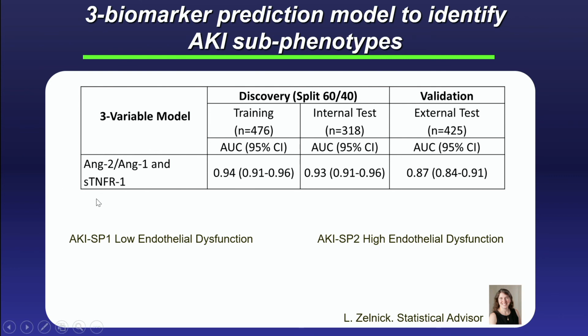And so we found that this 3 biomarker profile, angiopoietin 2/1 as well as TNFR1, had quite good area under the curve, or C statistics, in the discovery population. While the C statistic was attenuated in the validation, it still performed well enough where we were hoping to move this further into another cohort.